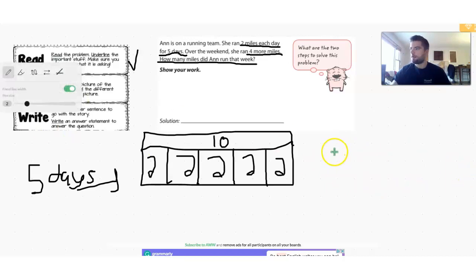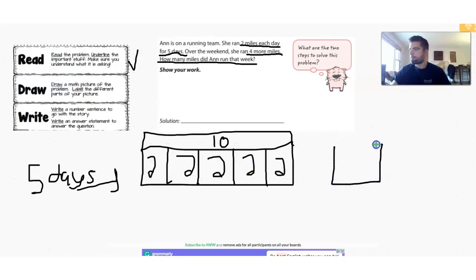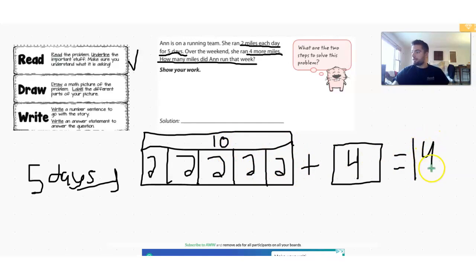We're just going to add another box. And in this box, she didn't run 2 miles, she ran 4 miles over the weekend. So it's really 2 plus 2 plus 2 plus 2 plus 2, which we realize is 10, plus 4. In total, she ran 14 miles.